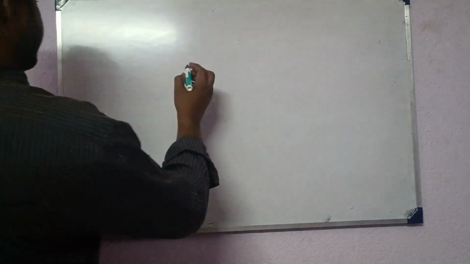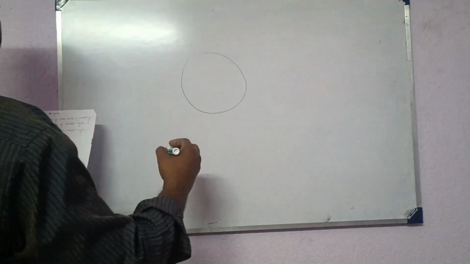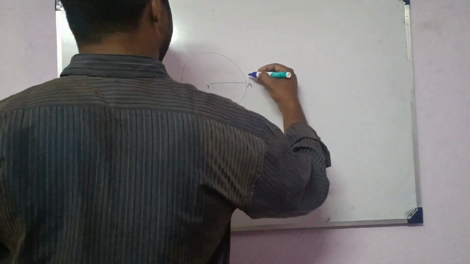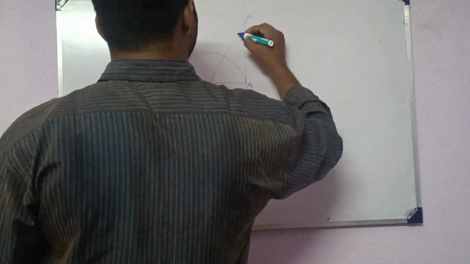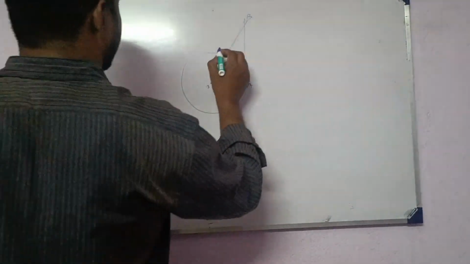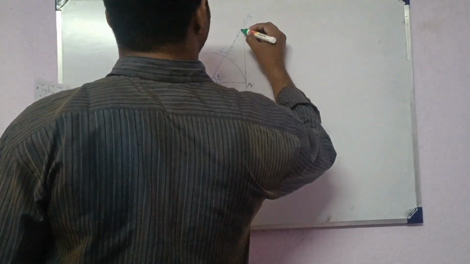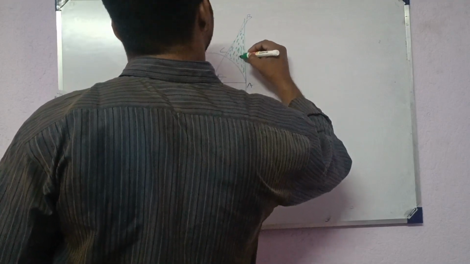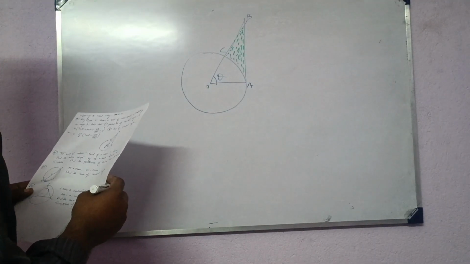There is a figure. I am drawing the figure. Like this is the figure. Center O, A, B, that will be theta, C. All these things are given.